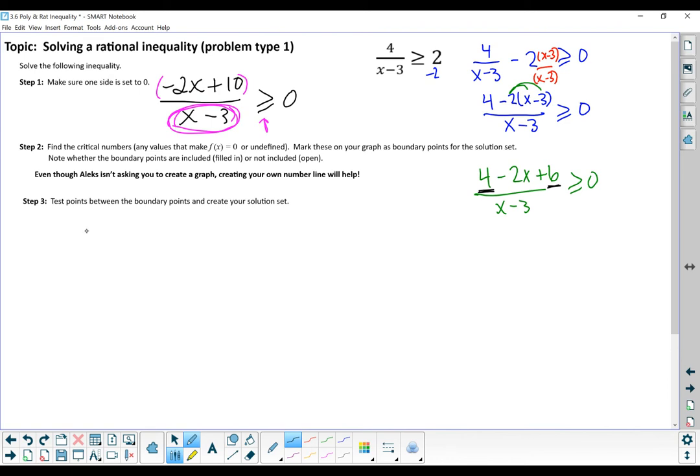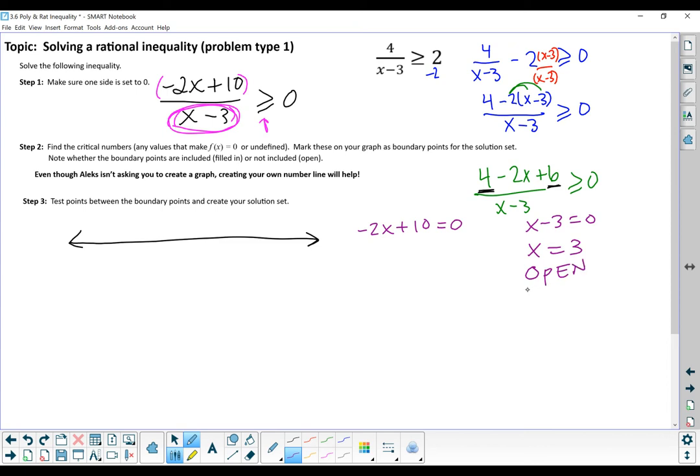Alex isn't asking you to create a graph for your answer, but creating a graph will be the easiest way to get your answer. So our critical numbers come from negative 2x plus 10 equals 0 and from x minus 3 equals 0. X minus 3 is an open boundary because we can't divide by 0.